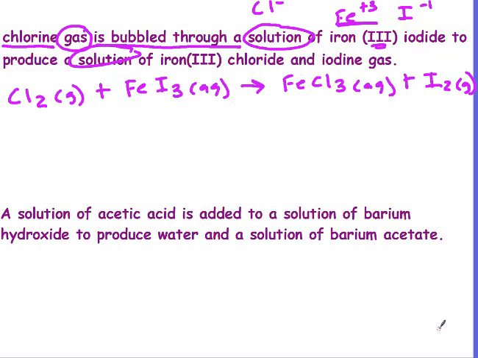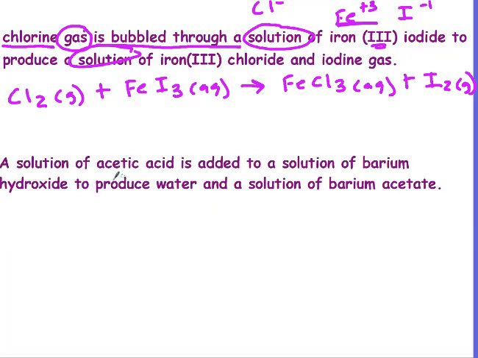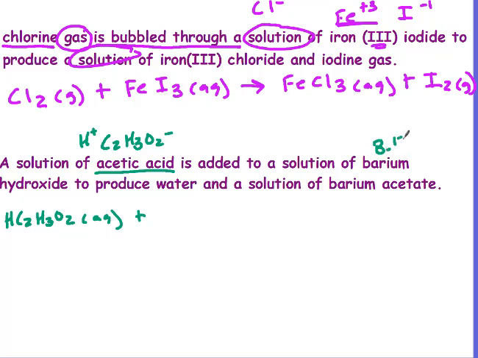Go ahead and pause the video and do that last one. Restart when you're done. Acetic acid. -ic acid came from acetate, and it's an acid, so it should have started with H. And it's a solution, so aq, is added to. Barium was a +2. Hydroxide is a -1.